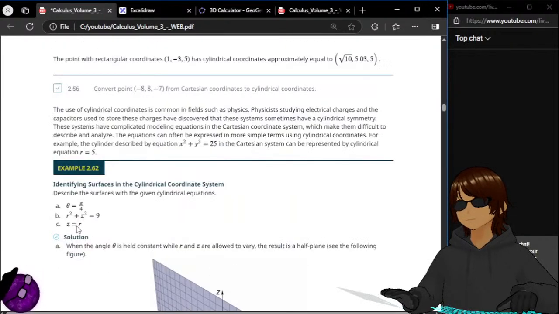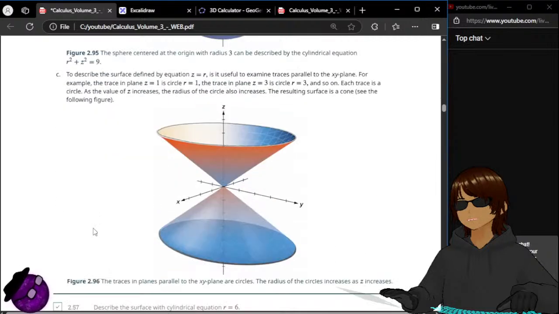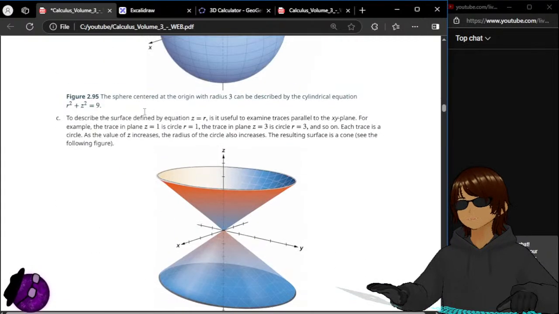And then what's the last one? z is equal to r. To describe the surface defined by the equation z equals r, it is useful to examine traces parallel to the xy plane. For example, the trace in plane z equals 1 is circle r equals 1. The trace in plane z equals 3 is circle r equals 3, and so on. Each trace is a circle.